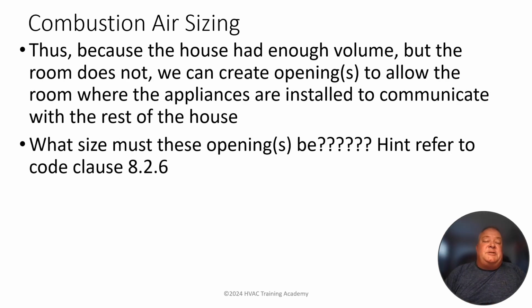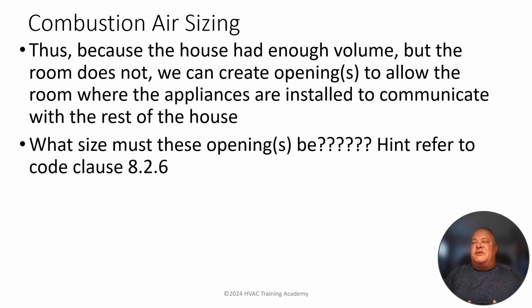So what size must these openings be? Well, Code Clause 826 indicates, I'll cut to the chase, the rule is basically when we're going back inside between the enclosure, the room where the appliances are located, and the structure, the rest of the house, we need an opening size now of 1 square inch for every 1,000 BTUs of firing rate in that room. So we have 125,000 BTUs in the room. This is pretty simple.